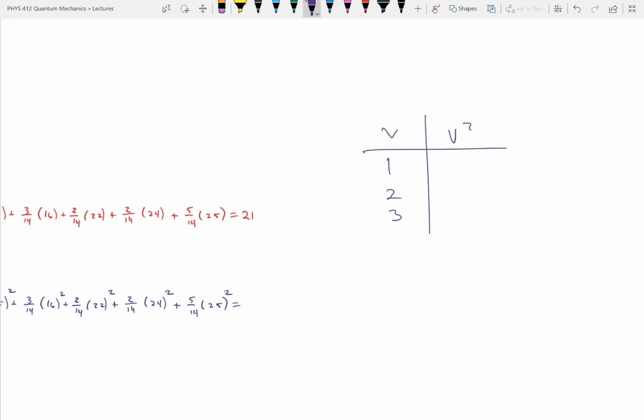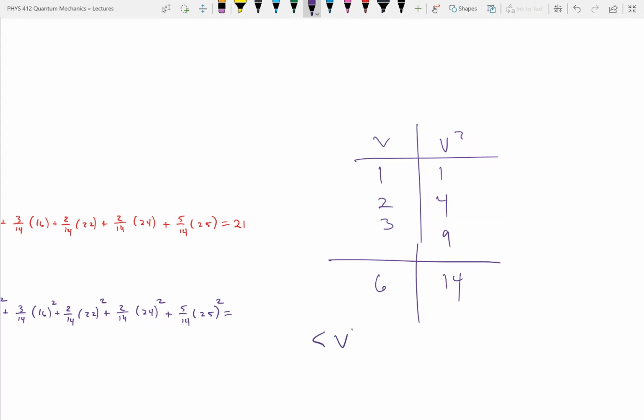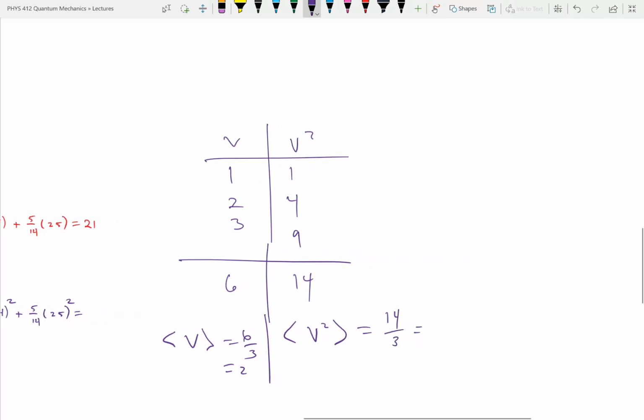The value squared is 1, 4, and 9. So this has a total of 6 here, total of 14 there. And so the expectation value of V is equal to 6 over 3 equals 2. The expectation value of V squared is equal to 14 divided by 3, which is 4 2/3.